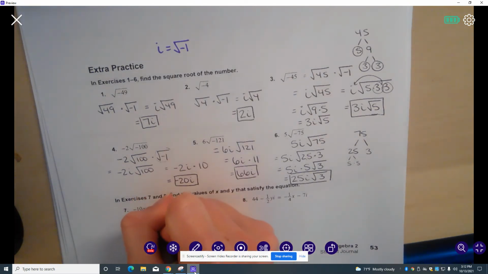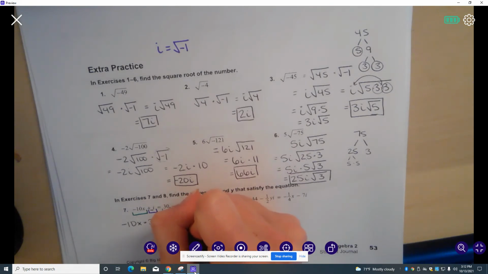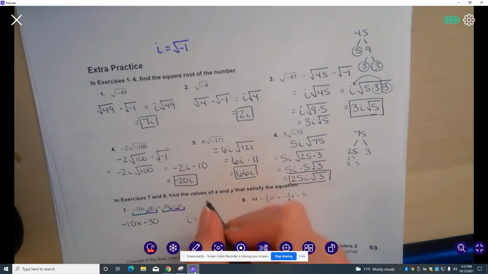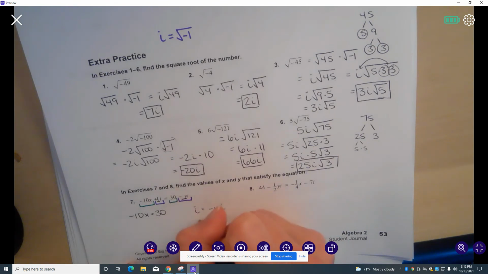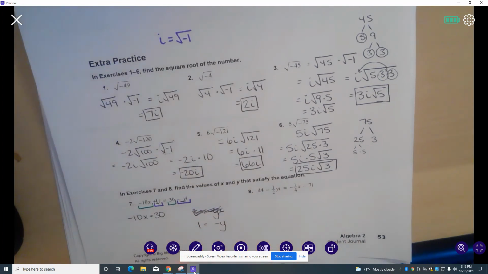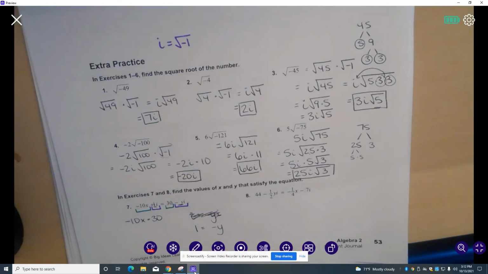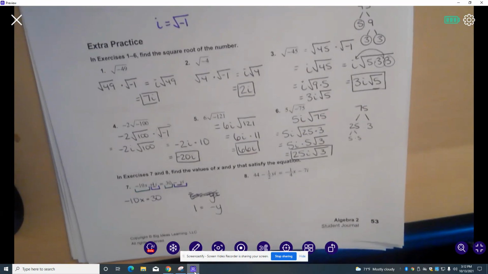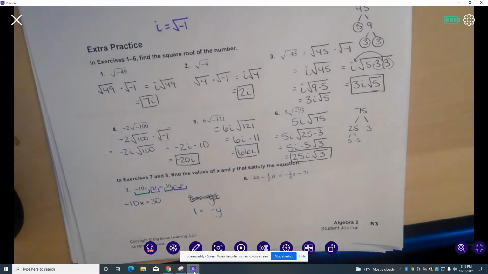I'm just interested in the coefficients, or what's in front of the i's. Okay, so this is plus 1i and this is minus yi. And so really what I can do is set up my equation like this: 1 equals negative y. I don't really need the i's in my equation. I'm just going to set the coefficients equal to each other. So I'm going to solve these two equations for x and y.